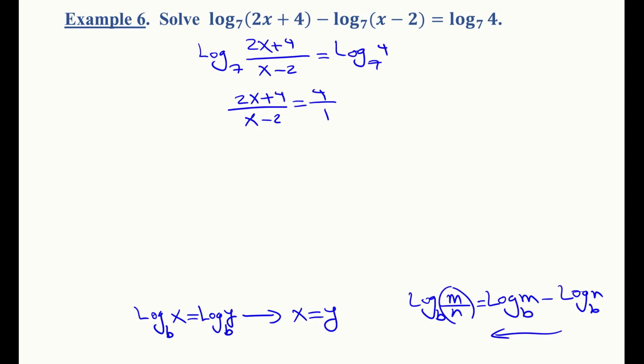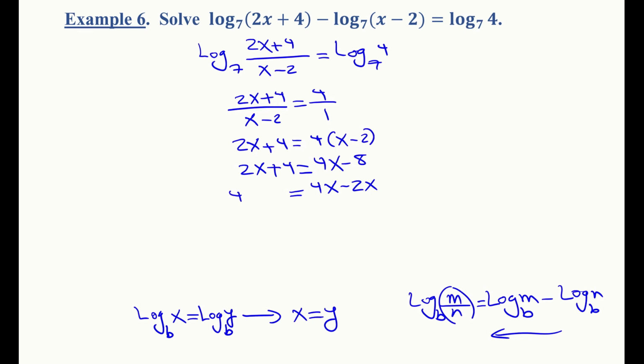So now we cross multiply. We get 2x plus 4 equals 4 times (x minus 2), so 2x plus 4 equals 4x minus 8. Let's move the x's to the right side, so we get 4x minus 2x, and we'll move the minus 8 to the left side, where it becomes plus 8.